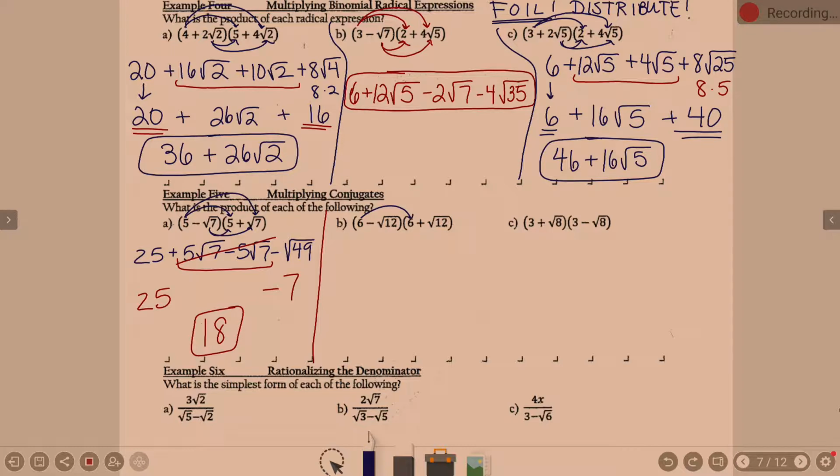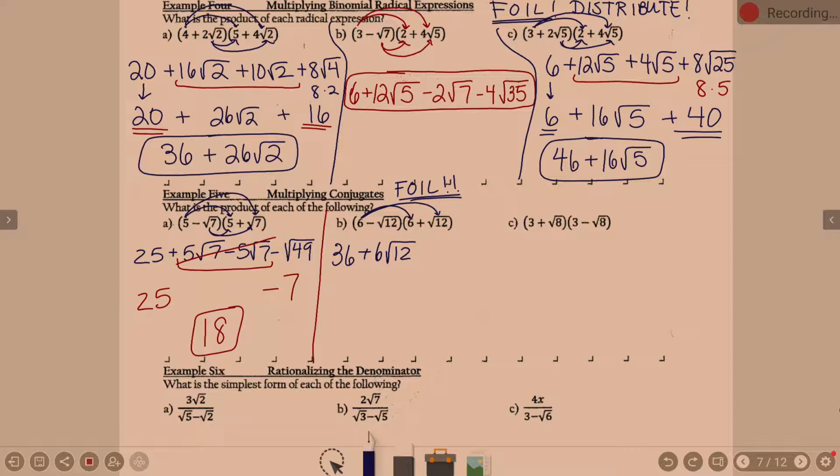What's first? Six times 6? 36. Then what do I do with that 6? Yeah, 6 times the square root of 12 is 6 square root of 12.